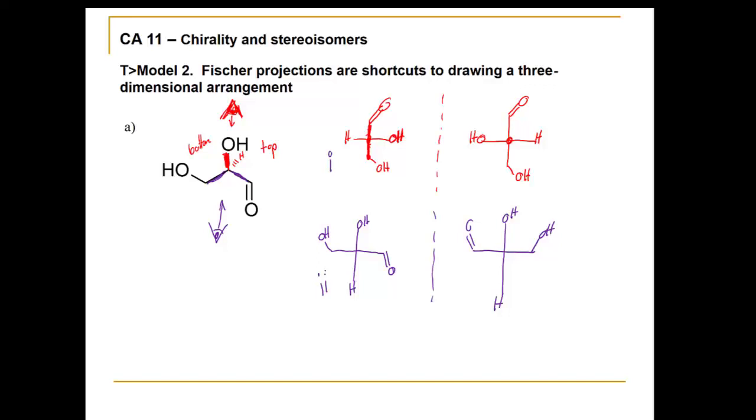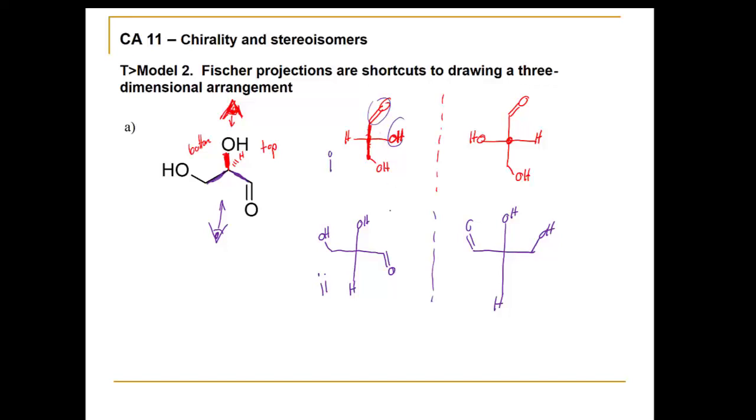And one of the ways that you can confirm this is, you may remember from first year chemistry, if you switch any 2 groups, you end up with the enantiomer. So let's see what would be involved in trying to convert our structure 1 to structure number 2. One of the things I notice is that I would need to interconvert the aldehyde right here and the OH group, like switch those 2 positions, right?